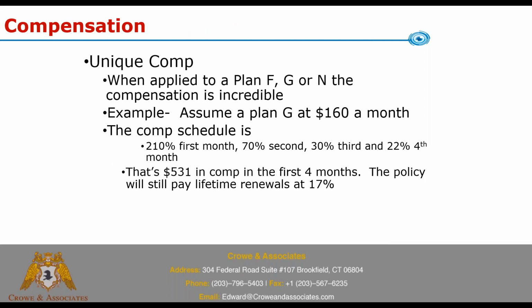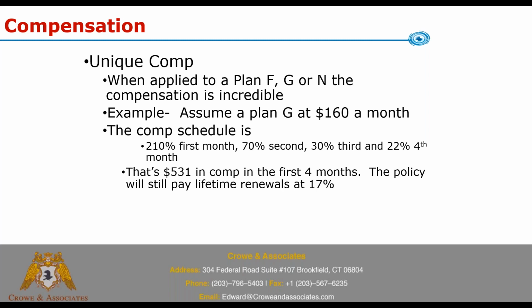Interesting thing, we don't see it a lot. There aren't a ton of places where United American is very competitive on their regular plan F, G, or N. Their spot really is the high deductible F and G, but there are a few states where they are. And when they are, the accelerated comp schedule pays a lot of commission, for lack of a better way to put it. So, somebody sells a plan G for $160 a month on the accelerated comp schedule, because it applies to all the plans UA has.